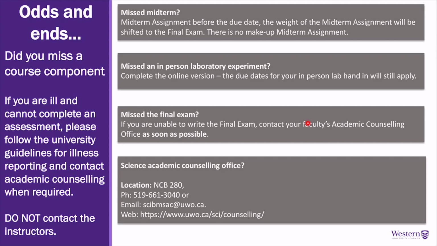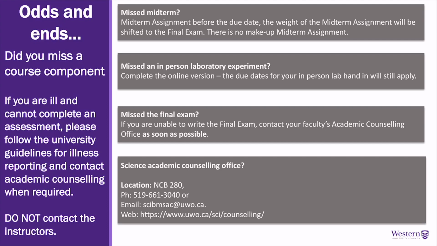If you've missed the final exam, please do not do that. You really don't want to do that in your first term. So set some alarms so you wake up. But if you do miss it, contact the academic counseling office ASAP. It's extremely important. There is a one exam forgiveness policy at Western where, if you miss an exam because you slept in or you just got confused about your calendar, they'll give you one pass. Oh, let's not use that word pass.